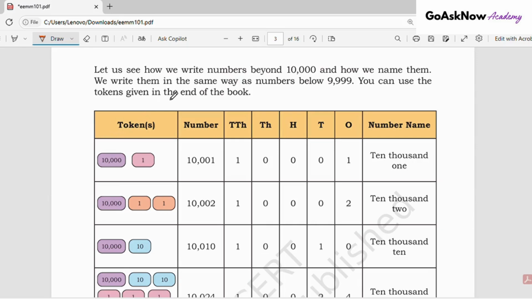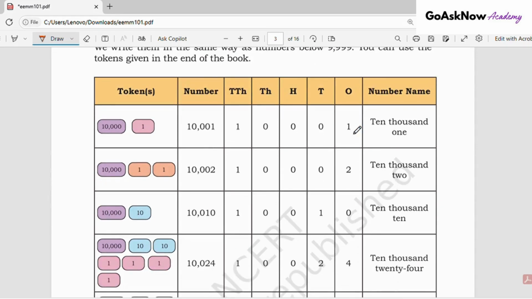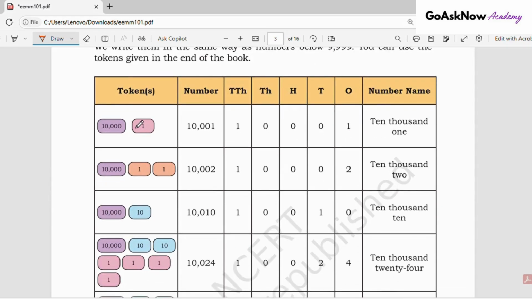Let us see how we write beyond 10,000 and how we name them. Let us look at the example given. Here, 10,001 is given. The 10,000 value is 1. Then the 1,000 value is 0. The 100 value is 0.